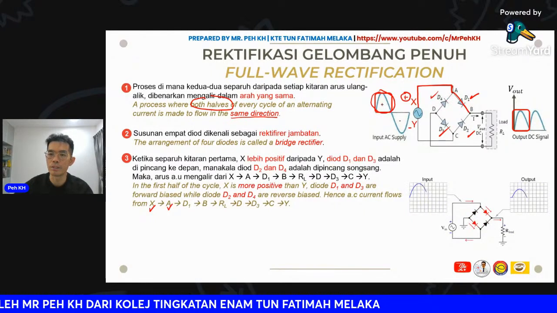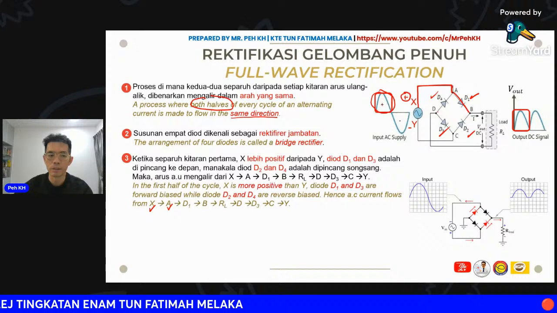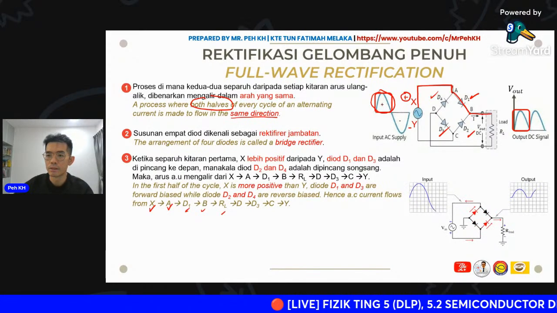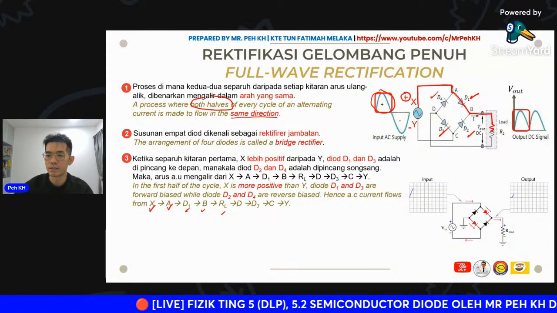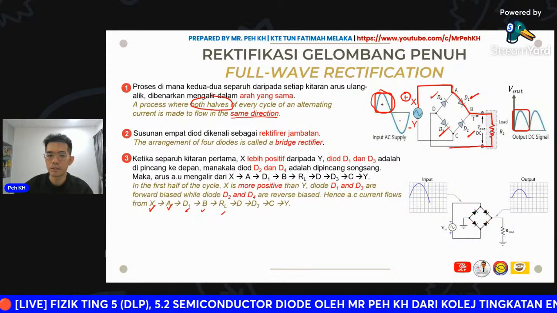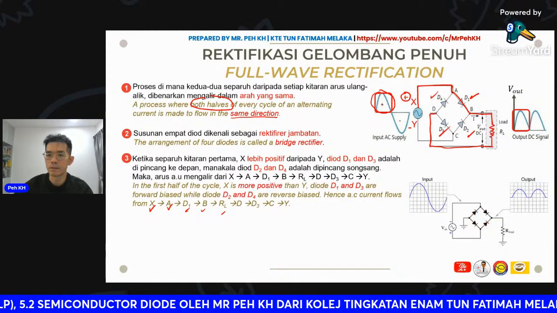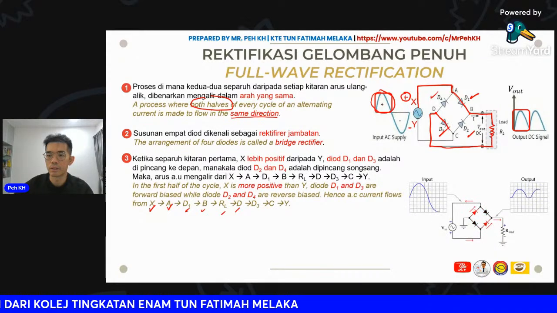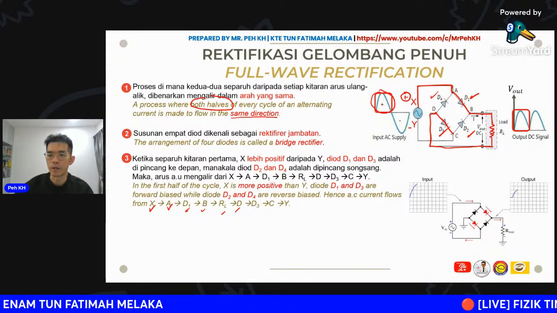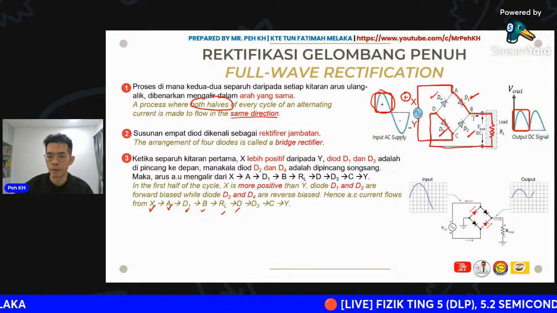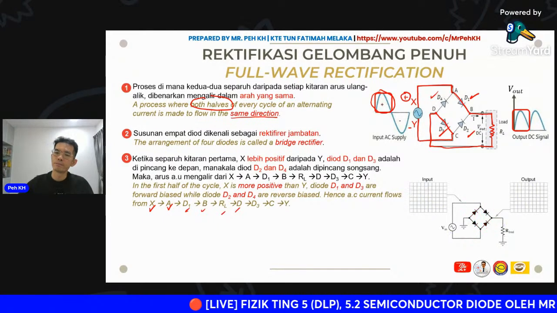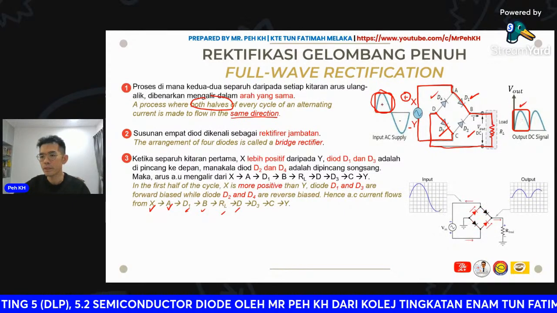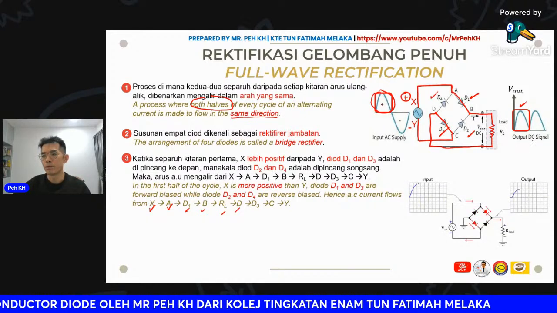Because D4 is reverse biased, current is not able to flow through it. Then it goes to B, then through the resistance RL, then to D, then to D3, to C, and then back to A, back to Y. So it is one complete circuit the current is able to flow through, and it forms the output DC signal.